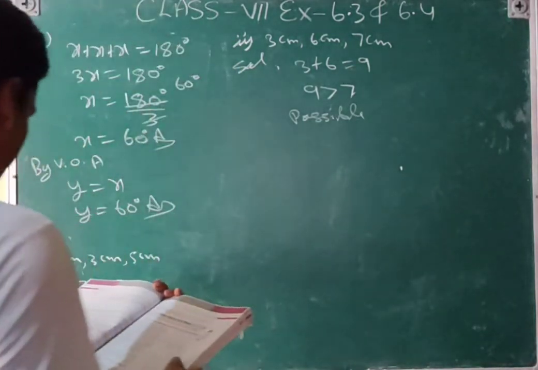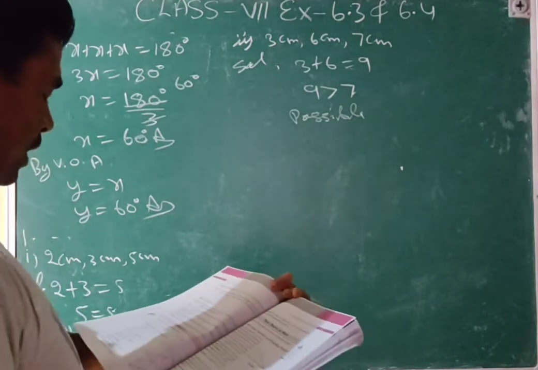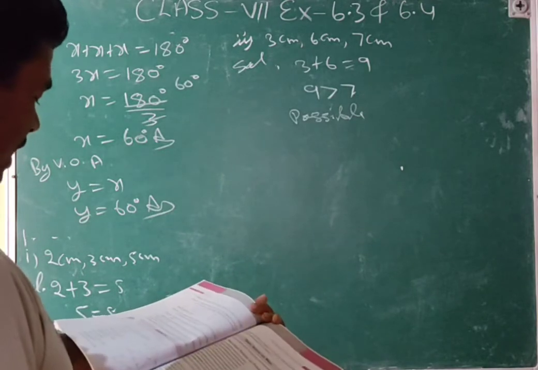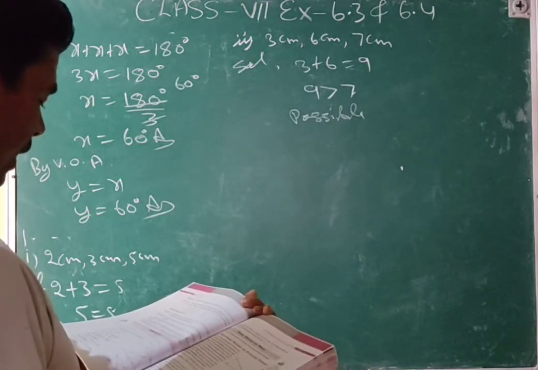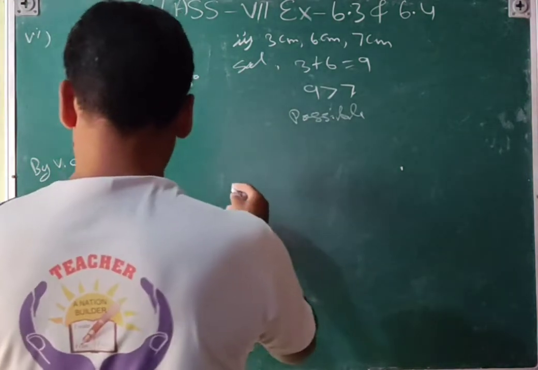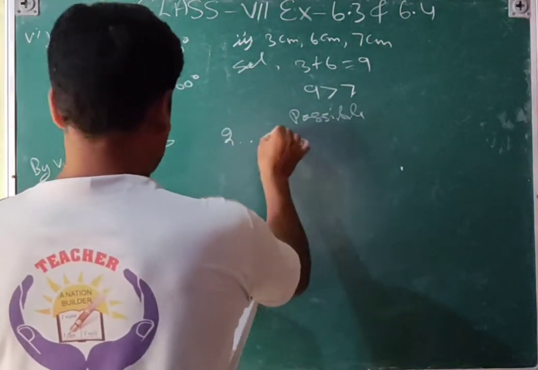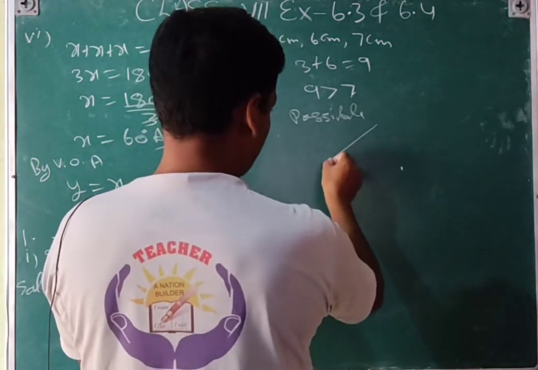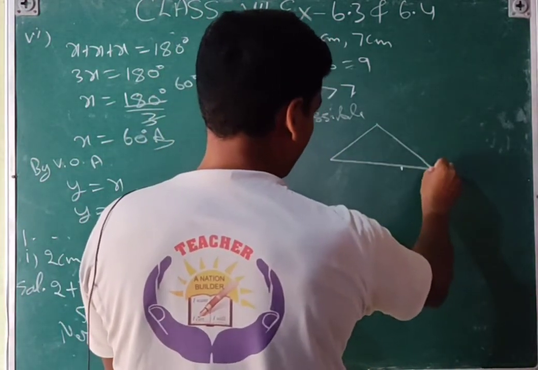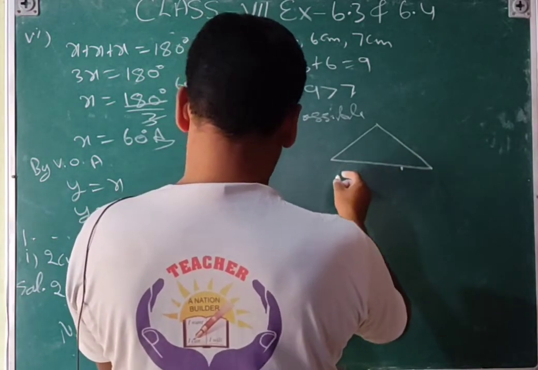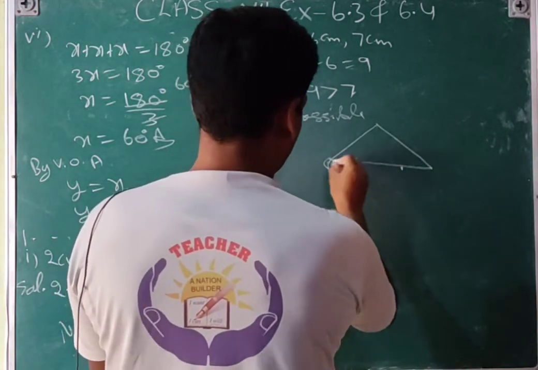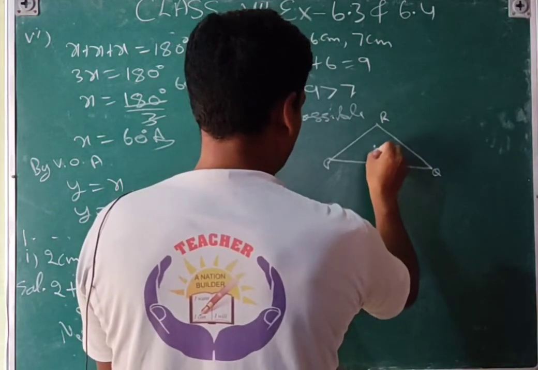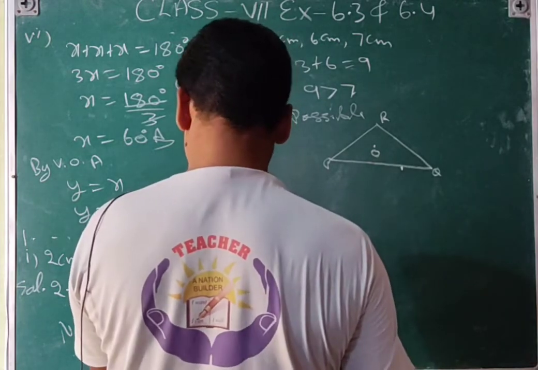Now question number 2. Take any point O in the interior of a triangle PQR. It is given in the diagram. We will draw the diagram also, because some construction is needed. PQR, and take the point O here.